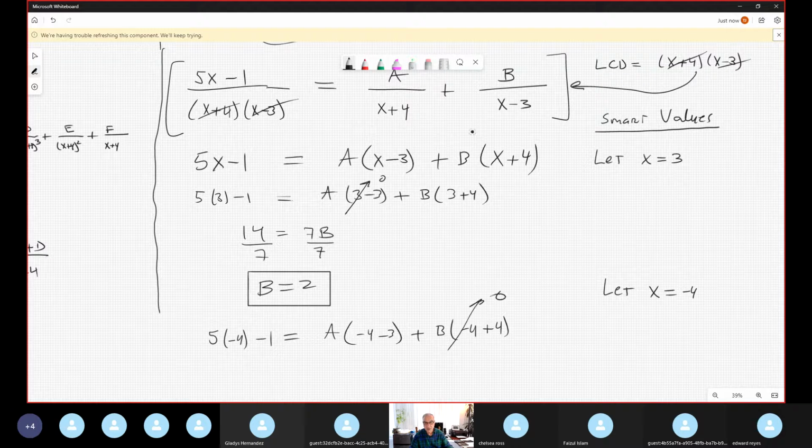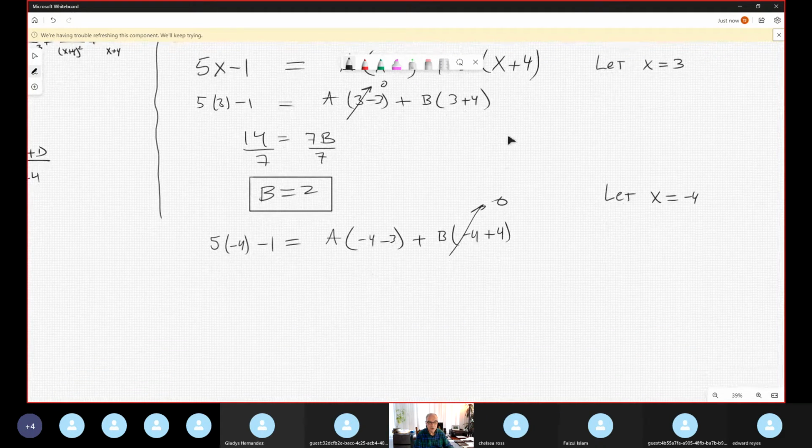Okay, that is the reason. Now we have 4 times 5 is 20, minus 20, minus 1 is minus 21. And the other side, we have negative 7 A. You divide by negative 7 both sides. Therefore, A is equal to 3.